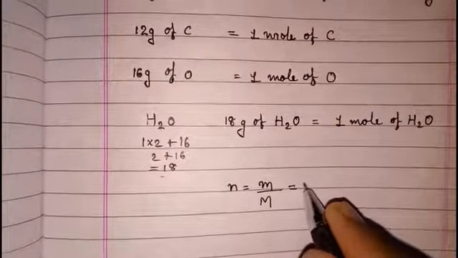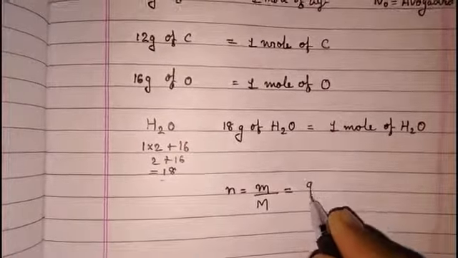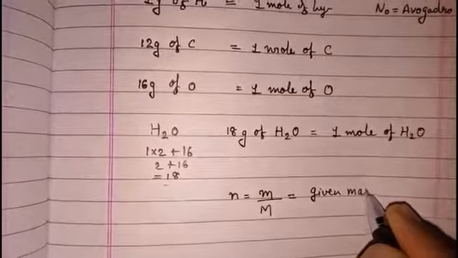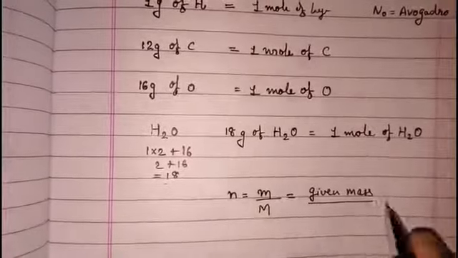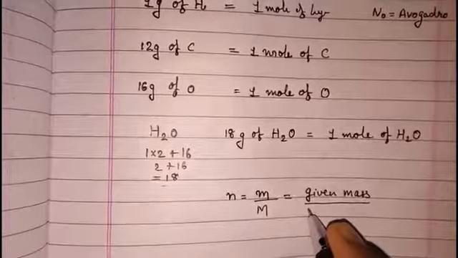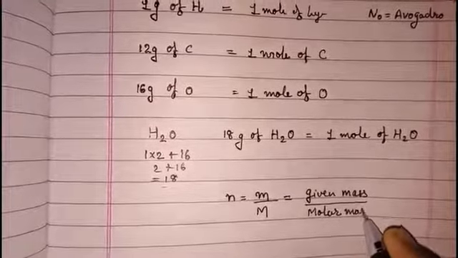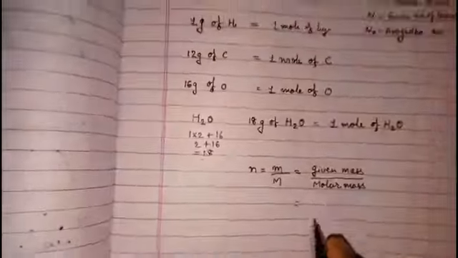What is small m? Given mass. Capital M means molar mass. Come on, let us take one example.